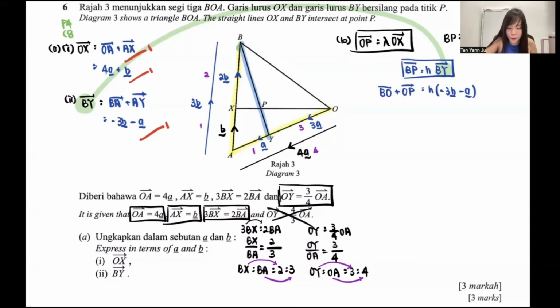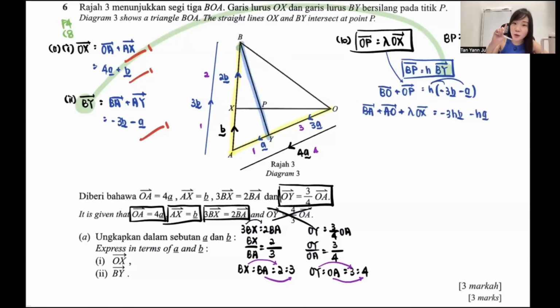So B to O. I don't have information here, but I can use the yellow color path to find BO. So BO is actually the same as BA plus AO. Then OP, based on the top, is lambda OX. You guys all see that? This I expand: negative 3HB minus HA.